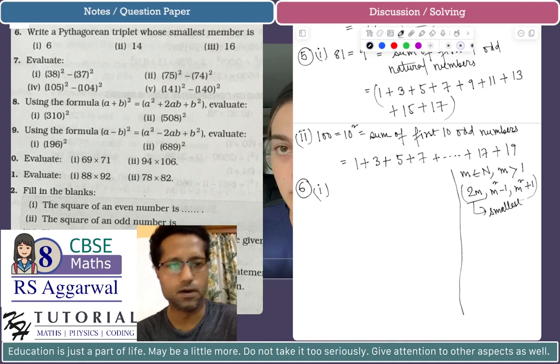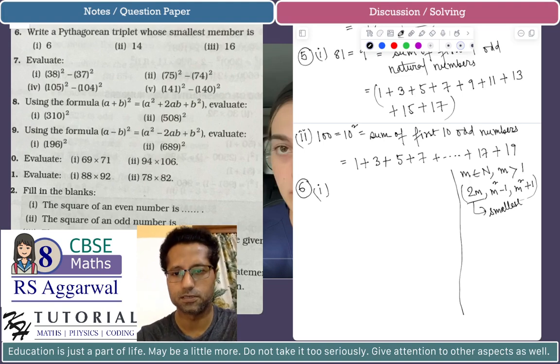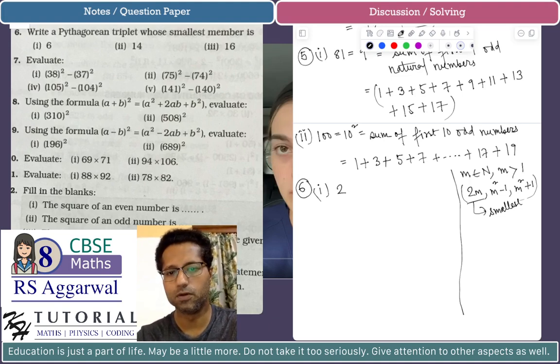So, the question is to write a Pythagorean triplet whose smallest number is 6. So we have to find m such that 2m is equal to 6. So 2m equals 6 implies m equals 3.